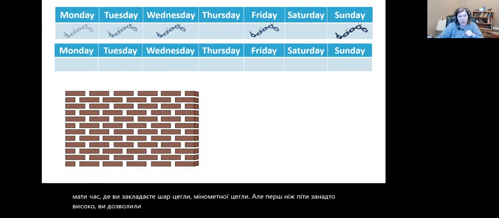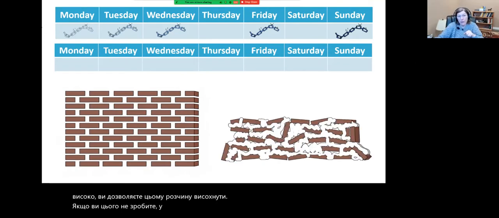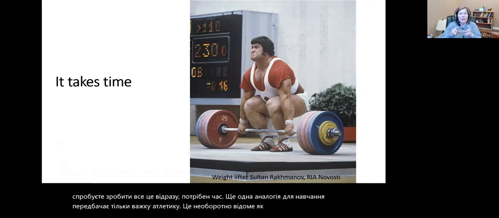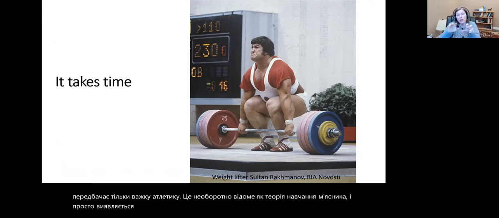If you don't do that, you'll have a lousy foundation for learning if you try to do it all at once. It takes time. Another analogy for learning involves weightlifting. This is known irreverently as the meathead theory of learning. It turns out that muscle tissue and neural tissue are both excitable tissues.